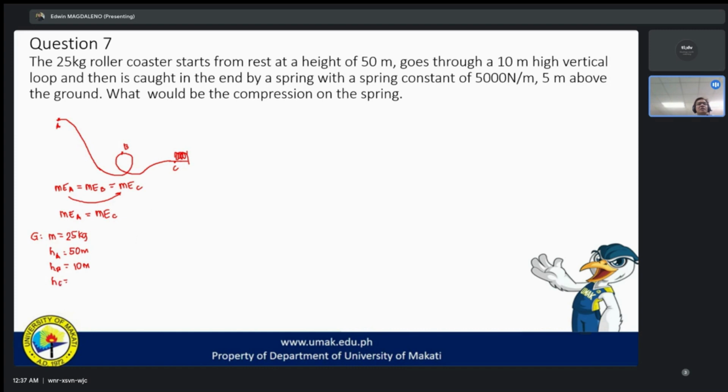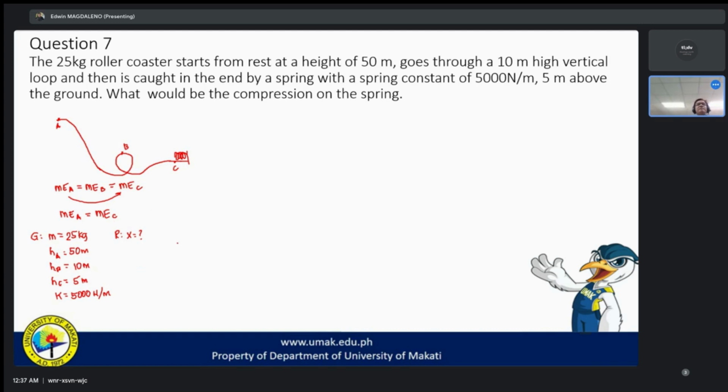The height at point C is 5 meters. And the spring constant k is 5,000 Newton per meter. What is required is the displacement x, so the required is the compression x.